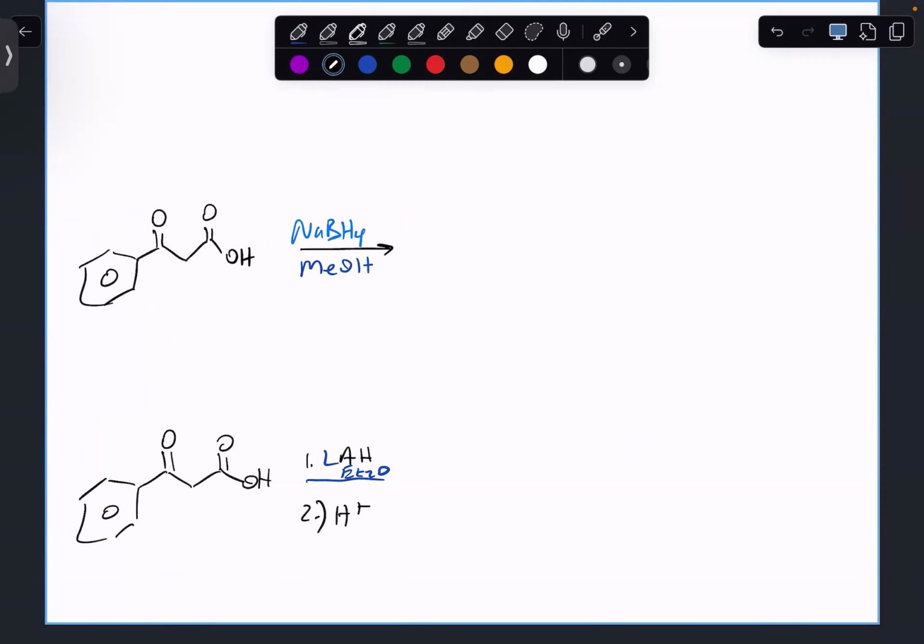So we're starting to mix things up a little. We've got some multifunctional molecules here. So I want you to think about what the product is of reducing this test compound with sodium borohydride, and compare it to the product of reducing the same thing with LAH.